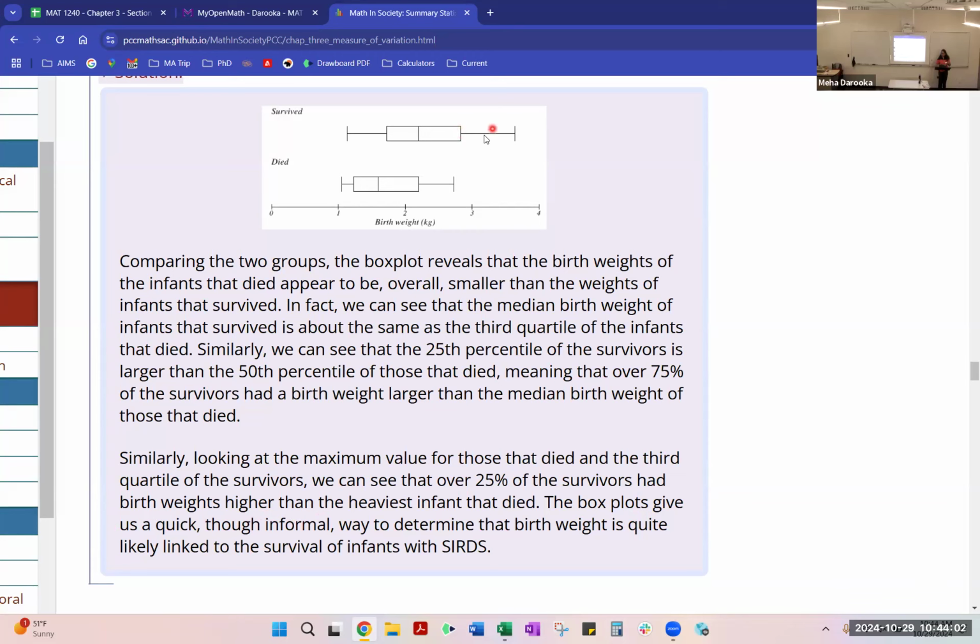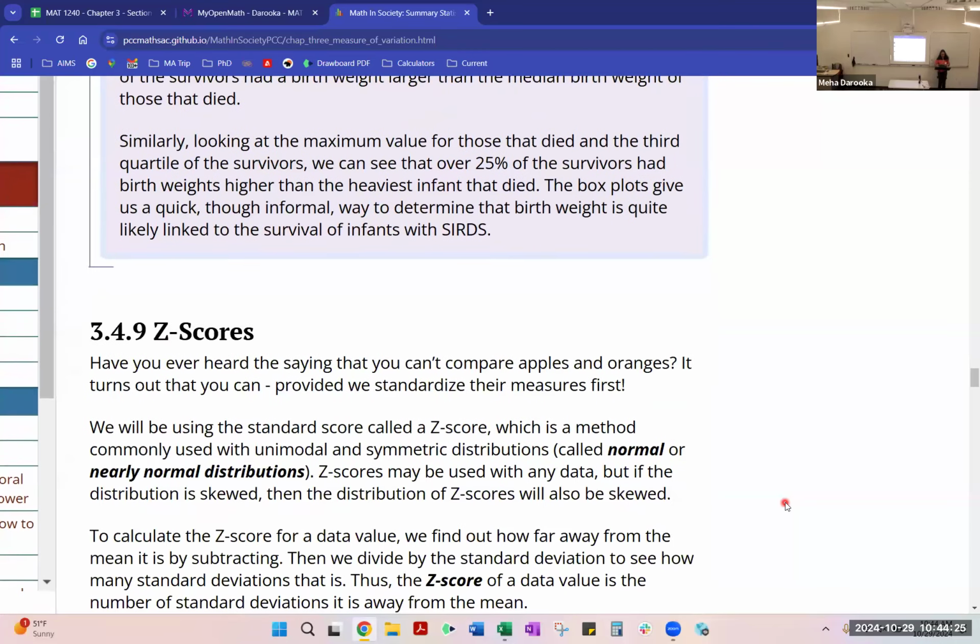So that's 25% of infants who fall under that category. So you can see they had a birth weight which is higher than the maximum value that you are seeing for the infants who did not survive. So they're basically saying the box plot gives us a quick and informal, but a quick way to determine the birth weights linked with this syndrome.